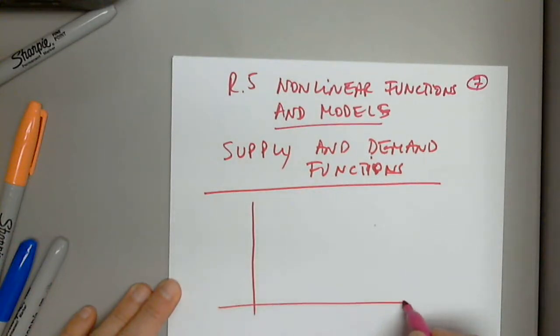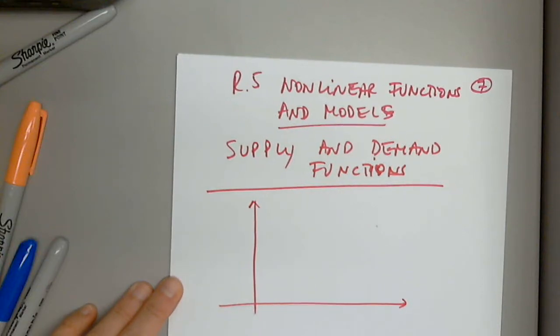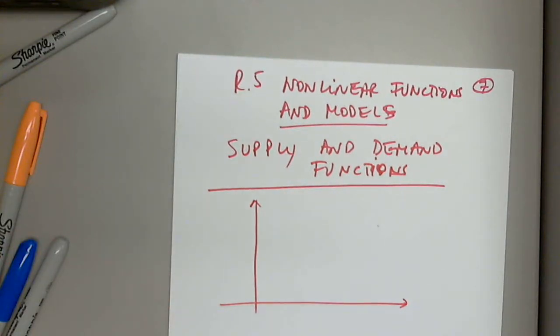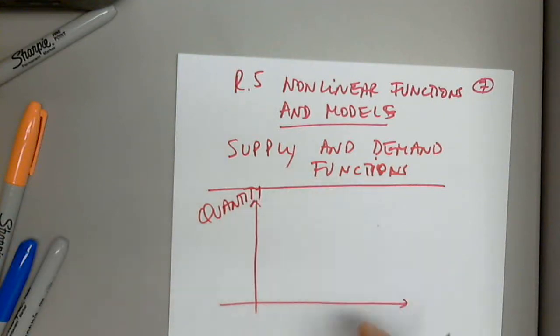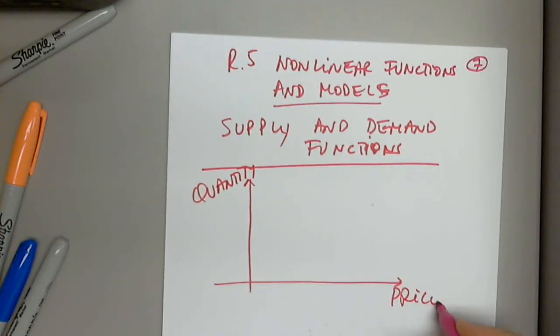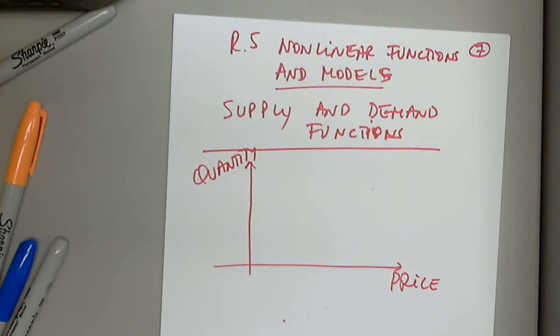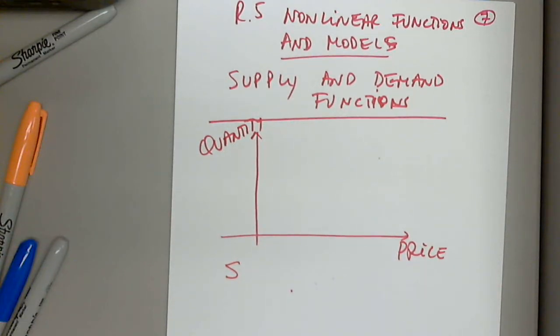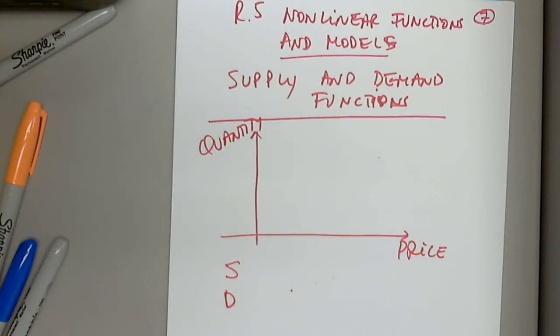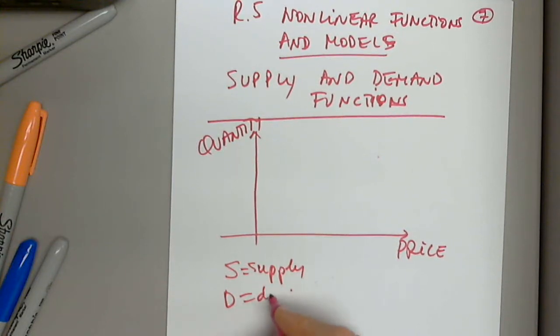Okay. Quantity, price. The supply function is normally denoted by S, and in your book anyway, and the demand function is demand, D. Supply, demand.